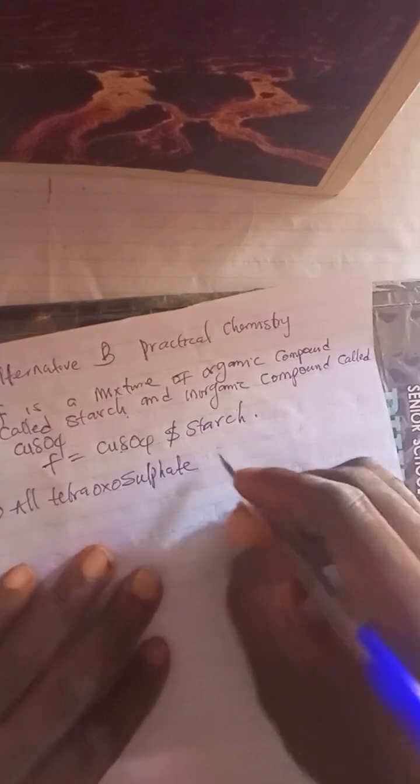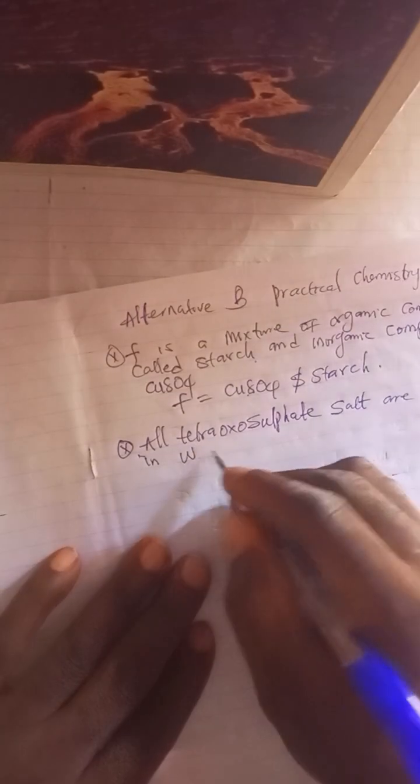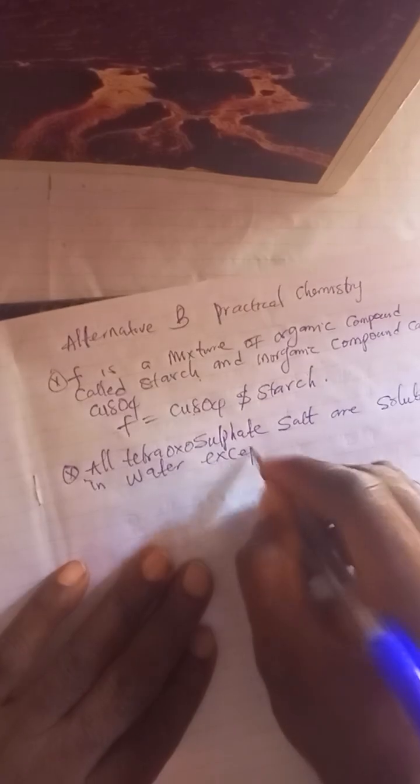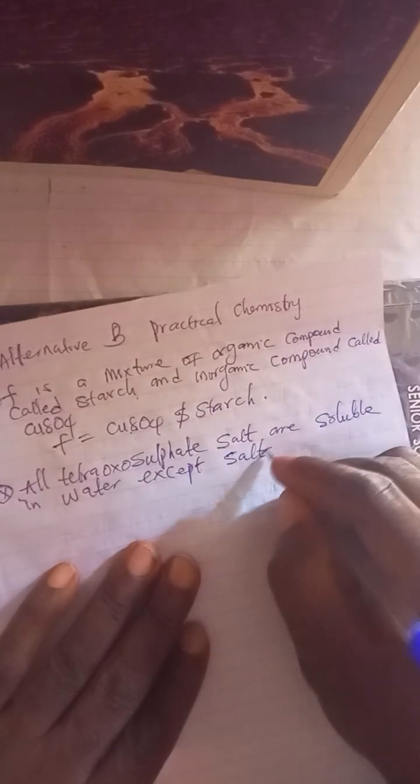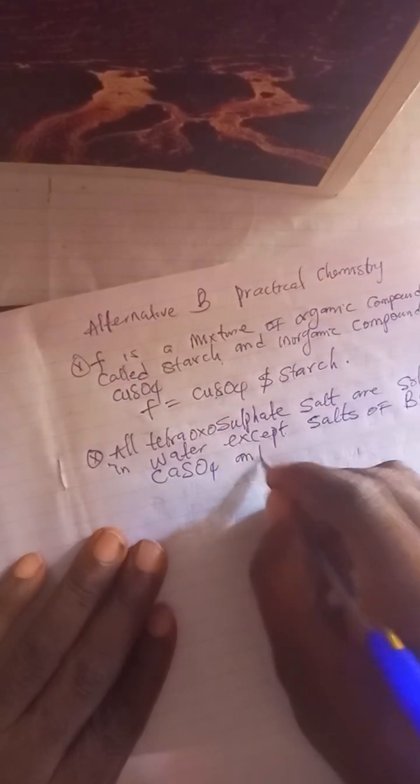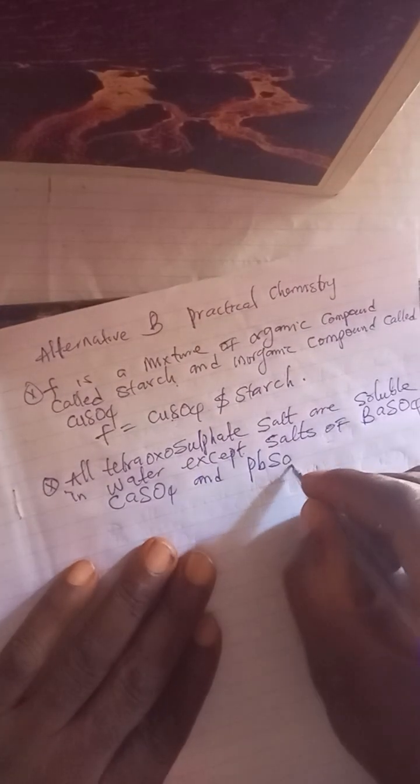Now, what I mean that water can be used is that, remember that, look at it now, all tetra oxo sulfate salts are soluble in water, except salts of barium sulfate, calcium sulfate, and lead sulfate.